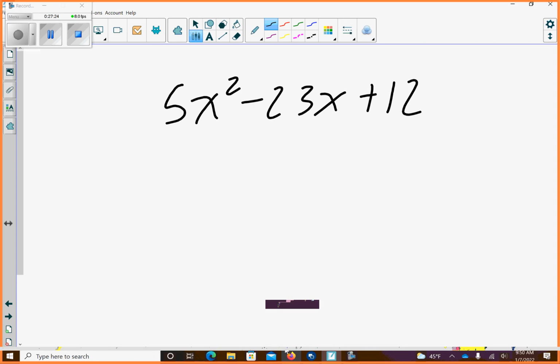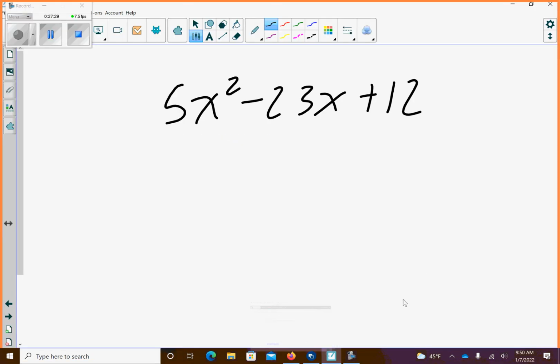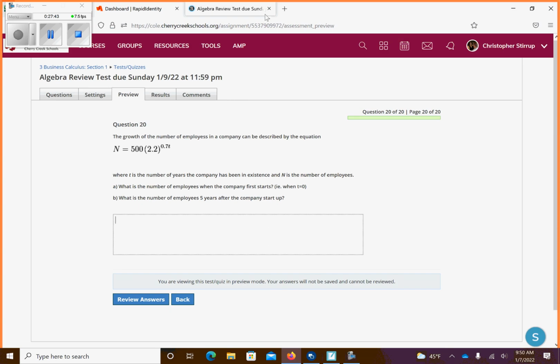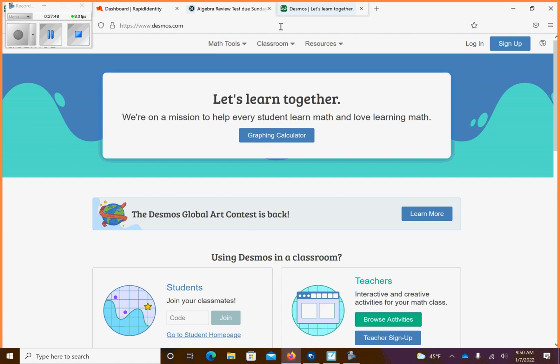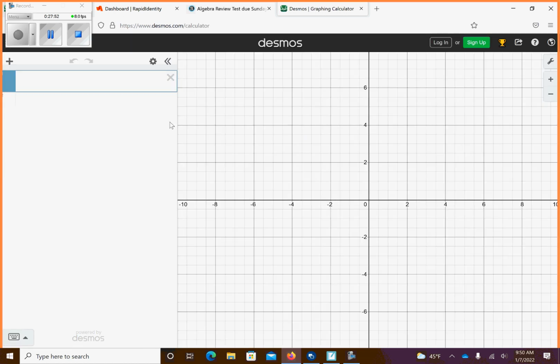So let's see. Oops. 5x squared minus 23x plus 12. Okay, so I'm going to go to our buddy and pal called Desmos, and I'm just going to graph that.